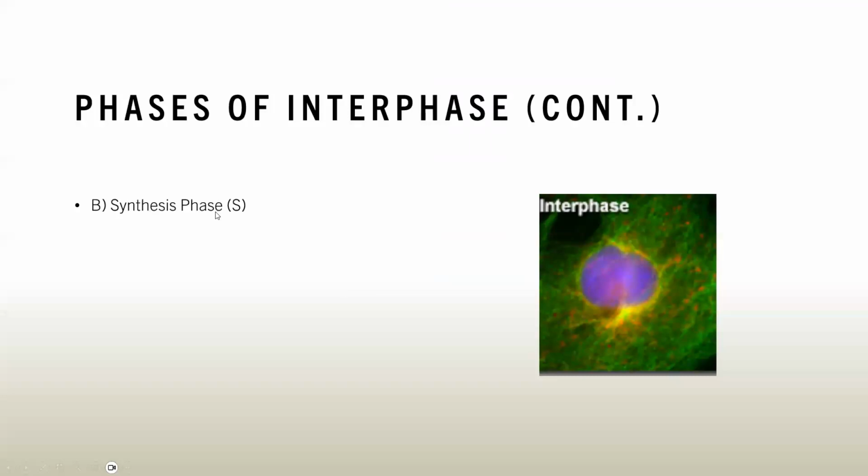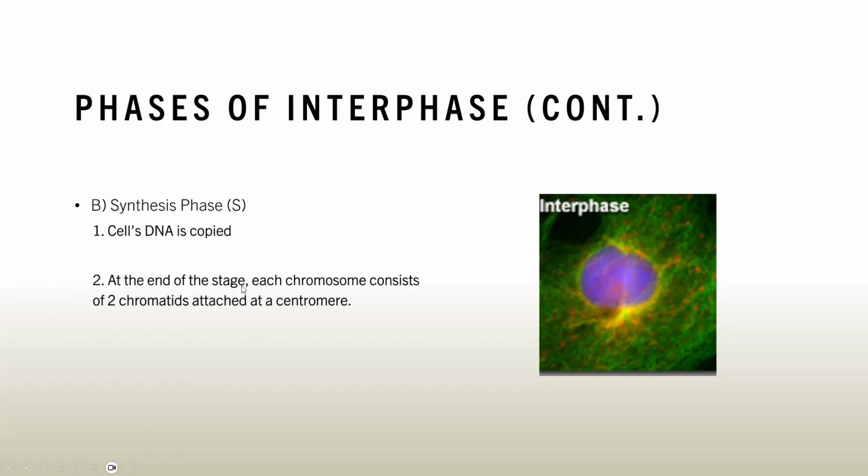Interphase. Now the synthesis phase. Here, the cell's DNA is copied. At the end of this stage, each chromosome consists of 2 chromatids, which are attached at the centromere.